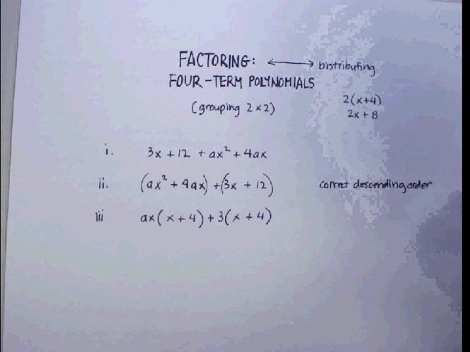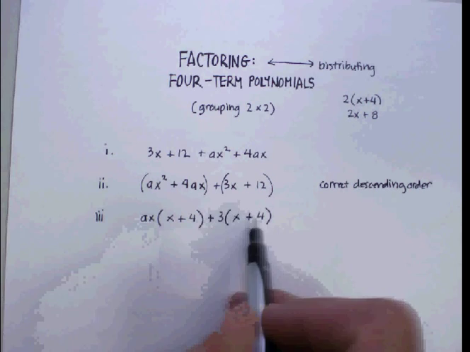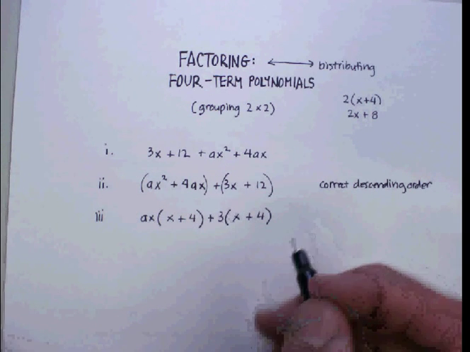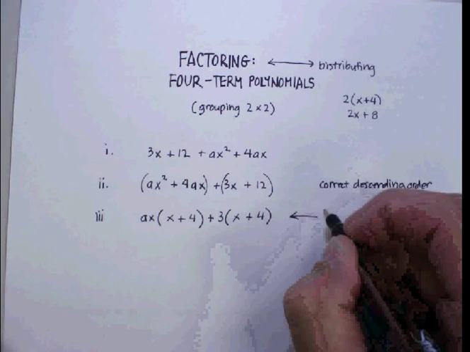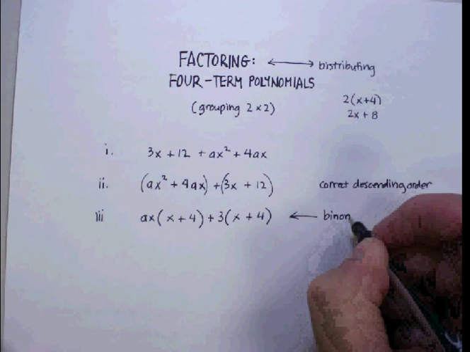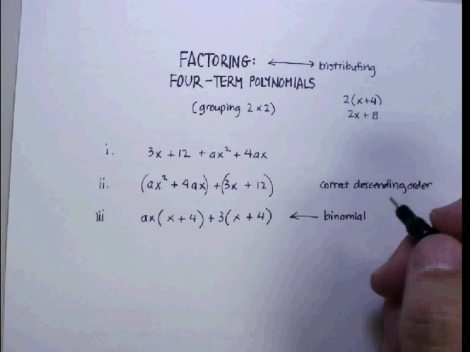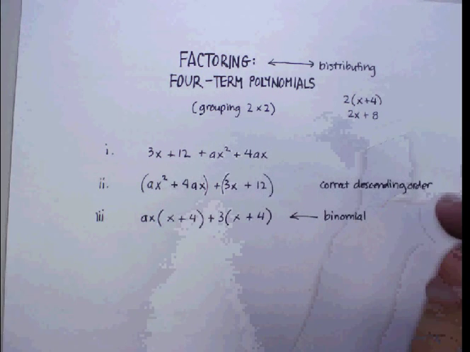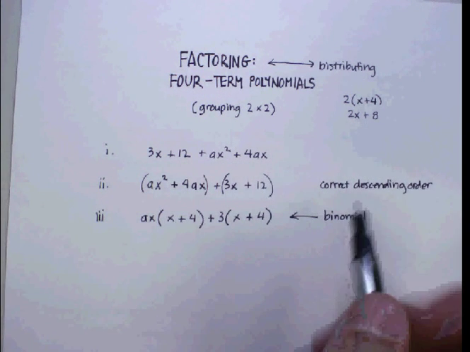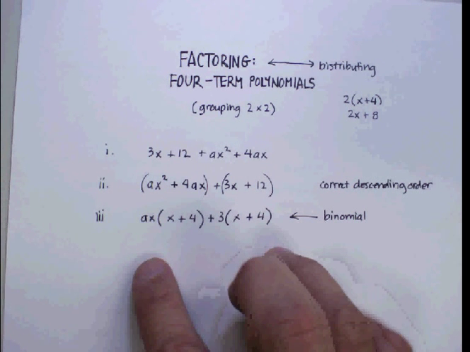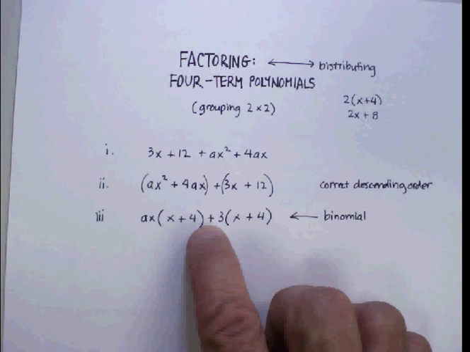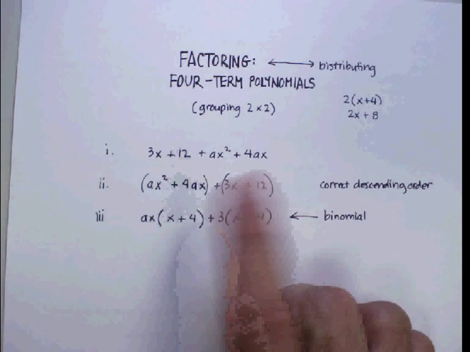Here's the tricky part. This is a type of binomial. But you're probably wondering, wait a minute, why is that a binomial? I've got lots of nomials in there, so to speak, don't I? Well, remember what a binomial is. It is 2 terms separated by an addition or a subtraction. Now, what's a term?